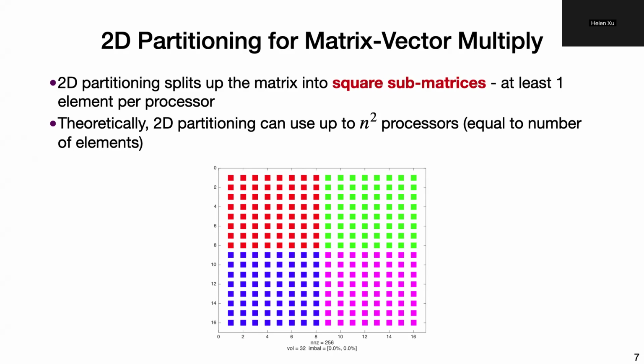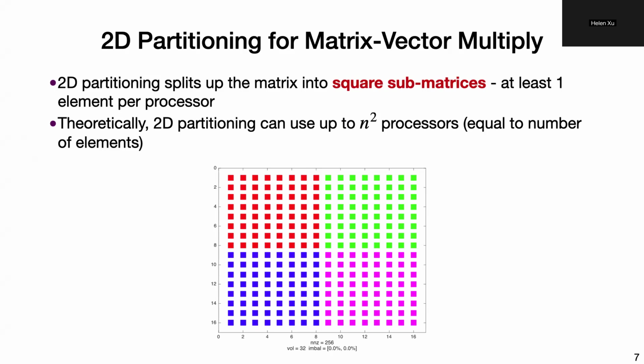Just look at the first row. It needs to aggregate this dot product with this partial dot product, and those are on 2 different processors. So at the end, somehow we're going to have to reduce along some dimension to get the total value in y of this first total dot product.